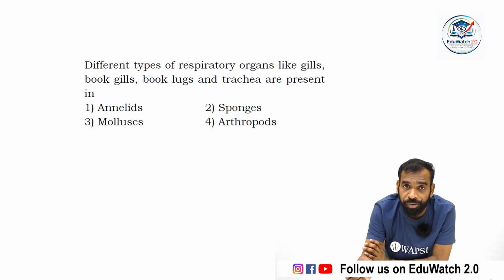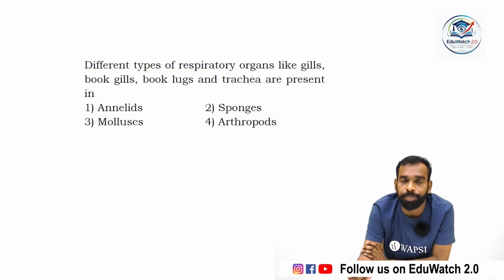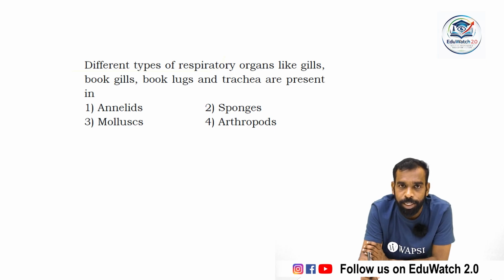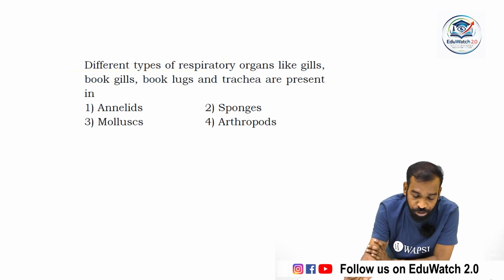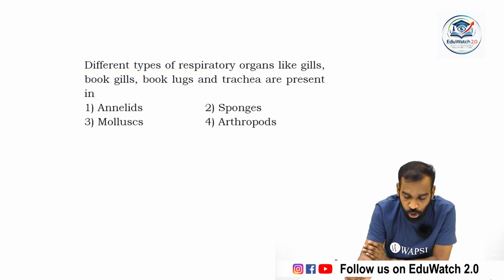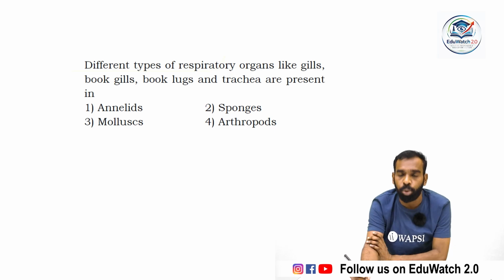Different types of respiratory organs like gills, book gills, book lungs and trachea are present in option 1 annelida, option 2 sponges, option 3 mollusca, option 4 arthropod.